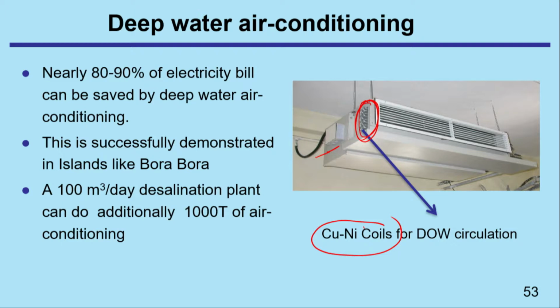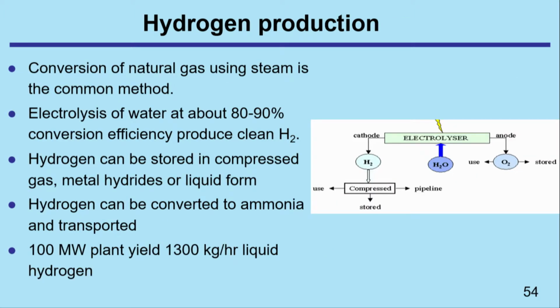This has been successfully demonstrated in islands like Bora Bora, and a 100 cubic meter per day desalination plant can additionally provide 1000 tons of air conditioning, and NIOT also has done this in the islands of Lakshadweep.